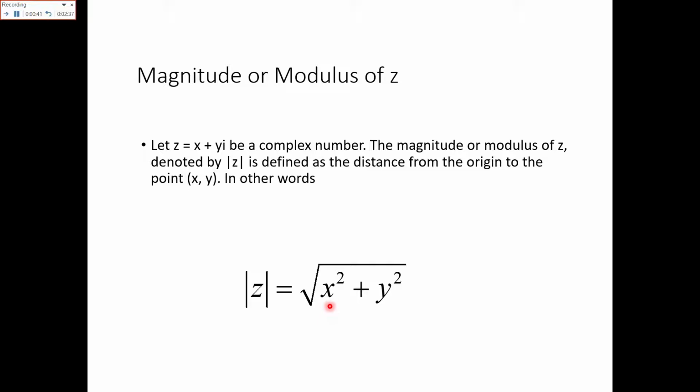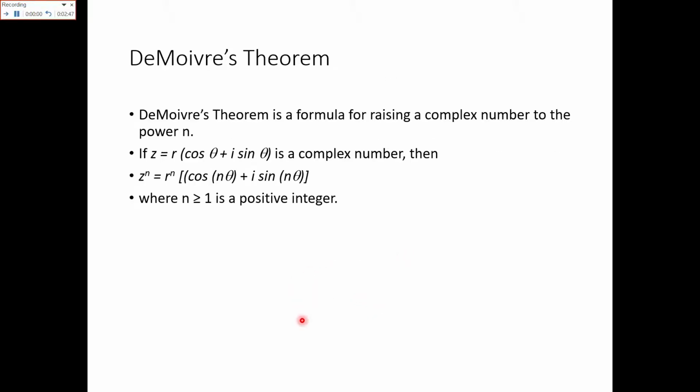You will take the square of the real part, add it to the square of the imaginary part, and then take the square root.